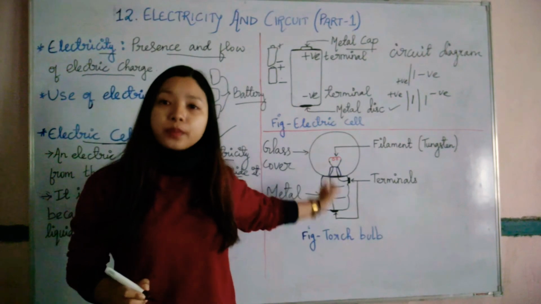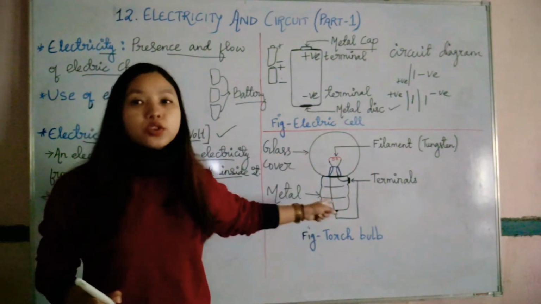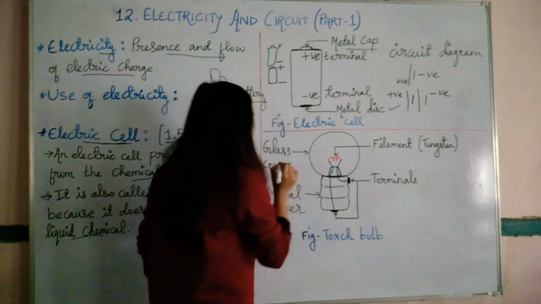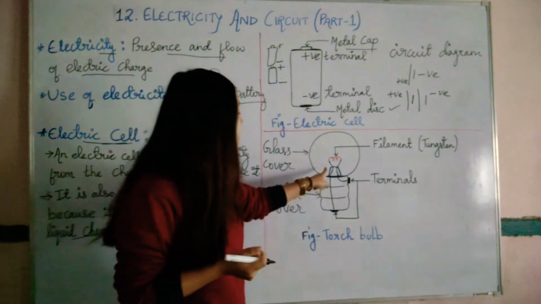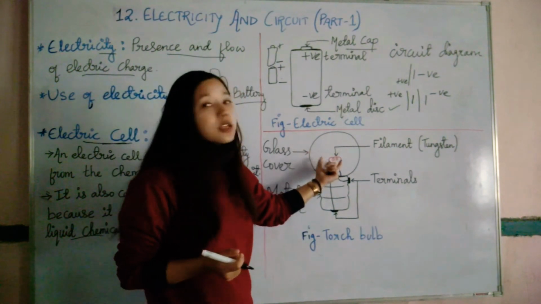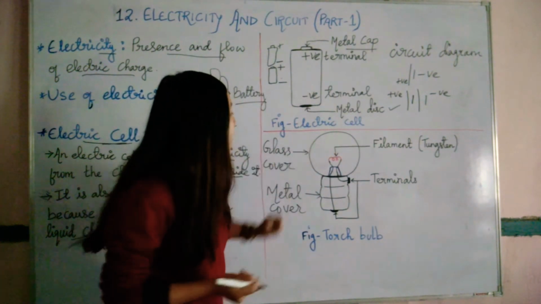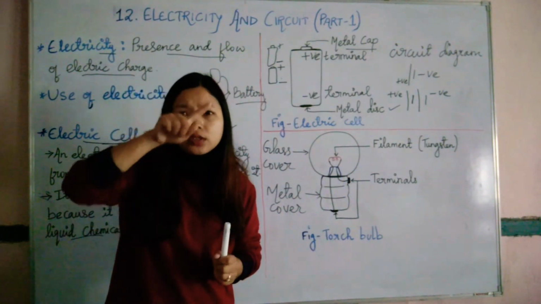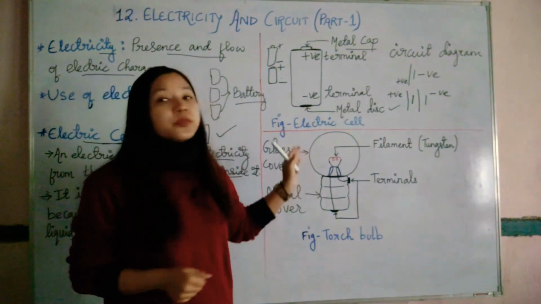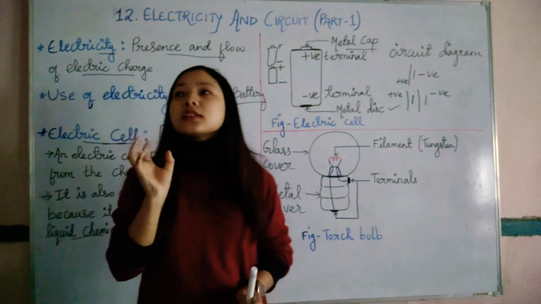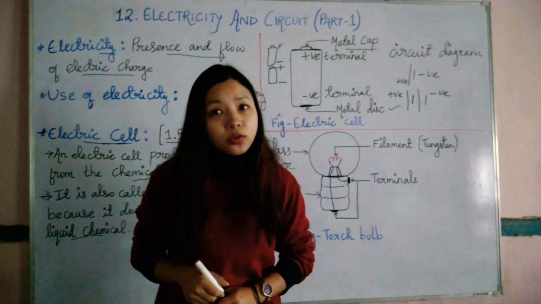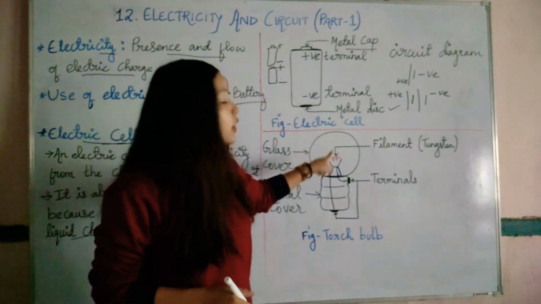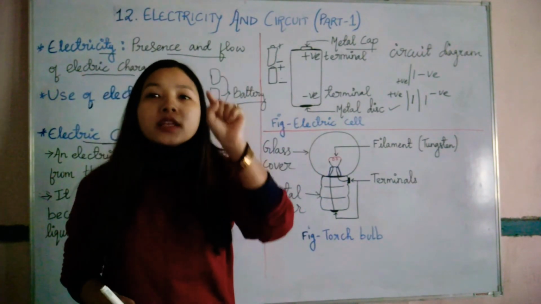So this torch bulb has two terminals, one at the side and one at the bottom. Now if you observe, inside the glass cover, at the middle of this part, there is a thin filament, a thin wire which is coiled like this. In the incandescent bulb, which is not used mostly nowadays but you can find it in the shops, you will see in between it has a coiled wire.